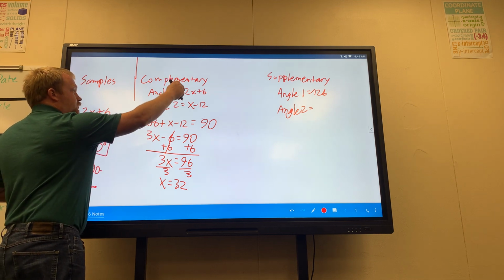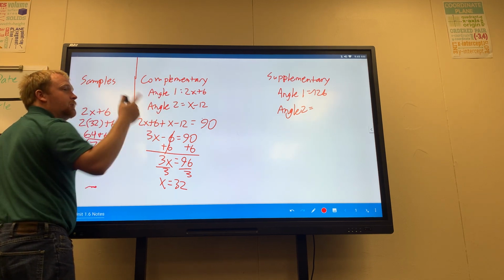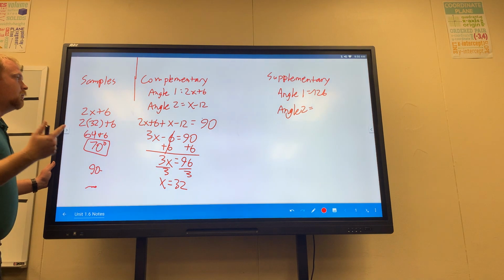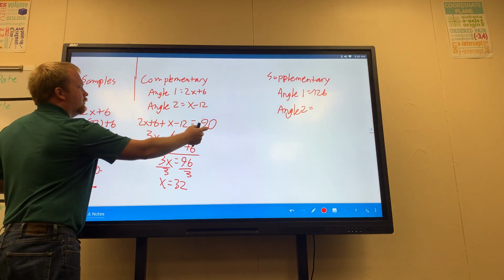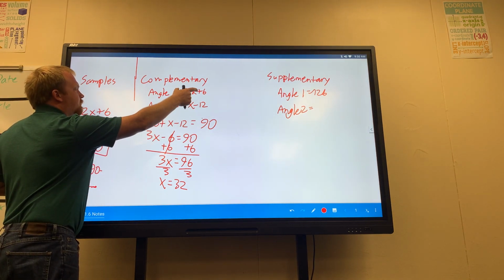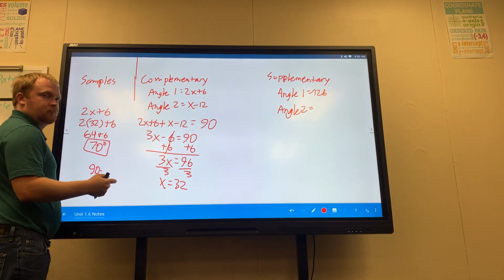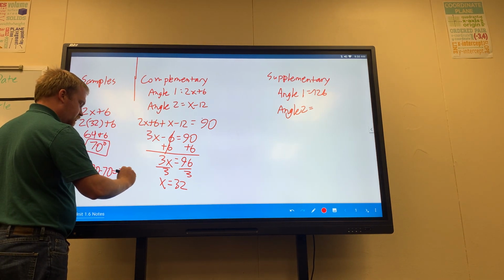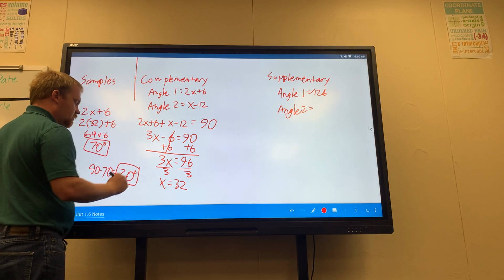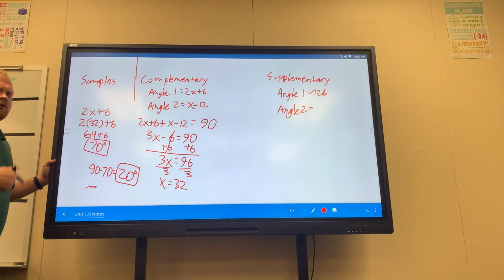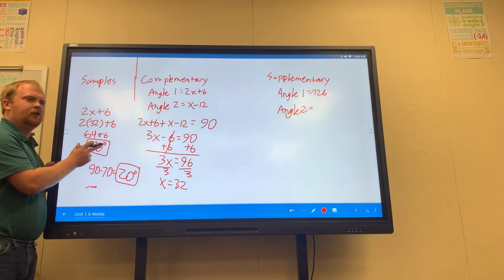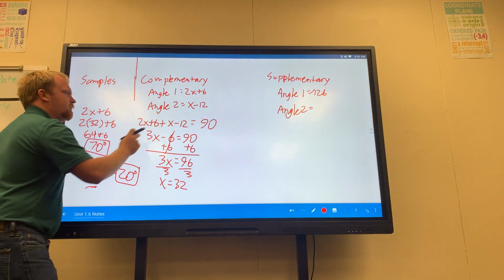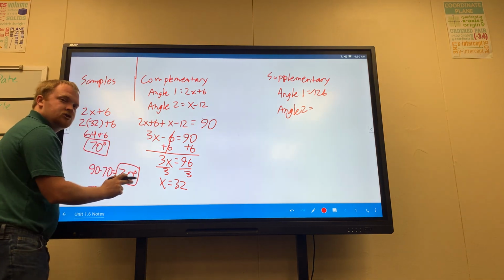Because remember, two parts of an angle give me one whole angle, or one whole angle minus one part of the angle gives me the second. So 90 minus 70 equals 20 degrees. So this is another way that you could find the second angle. If you already found the first angle, just subtract it from the big angle to get your second.